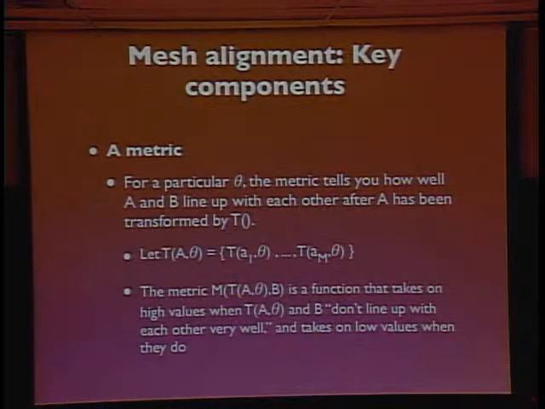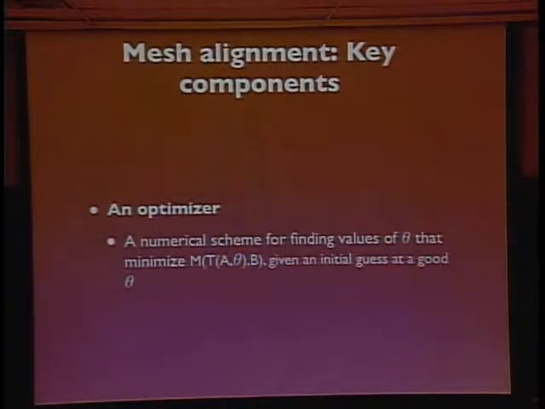So this is m. And we will describe each of these components and how you can design them, how you can actually implement them after I describe what all the components are. So then the next thing is, we've seen this before, I think, an optimizer.